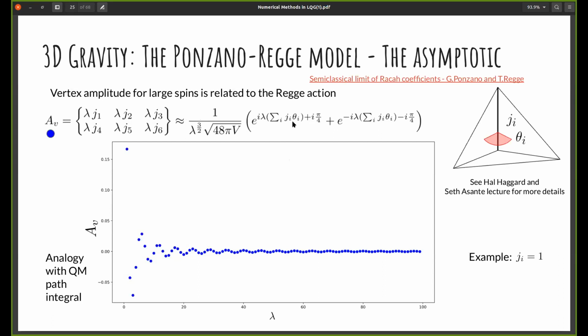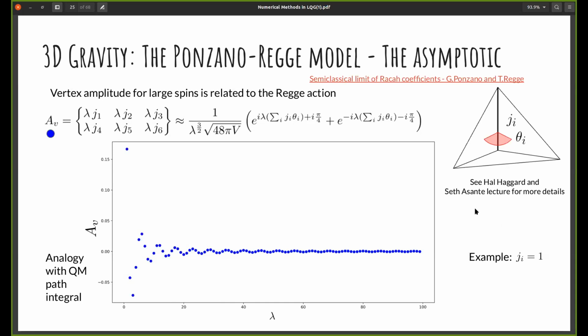So if a classical path exists that is compatible with my boundary data, so these 6 spins, then the amplitude has a power law behavior, and this V, sorry, I forgot to say, is just the volume of this tetrahedron. If no such classical geometry exists, then the amplitude is exponentially suppressed.